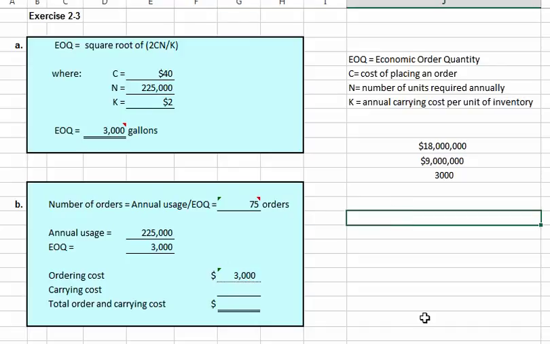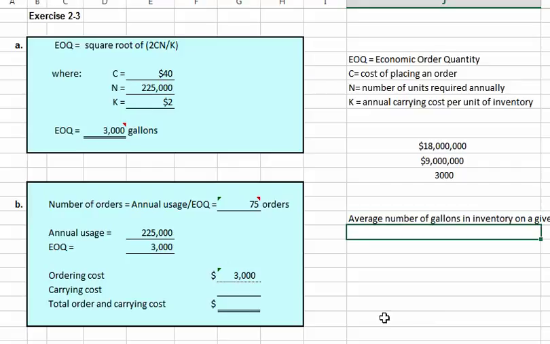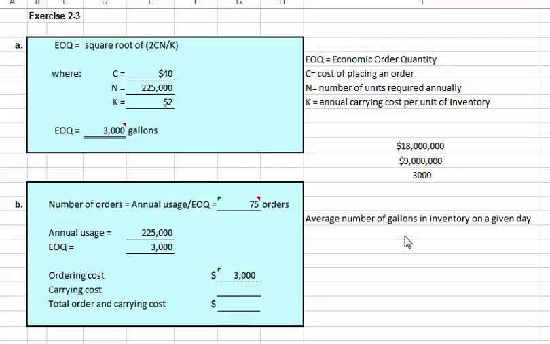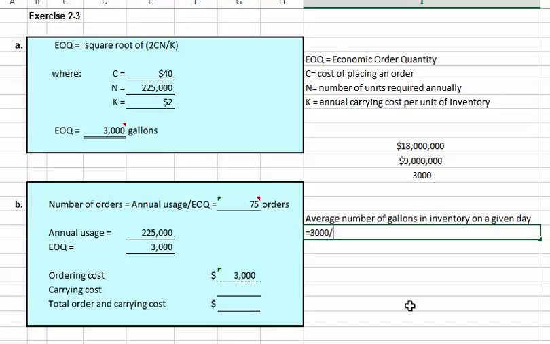Okay, what we're saying is, first, we want the average number of gallons in inventory on a given day. The average number of gallons in inventory on a given day would be equal to 3,000, the amount we're going to order each time, plus 0, which is meaningless, divided by 2.